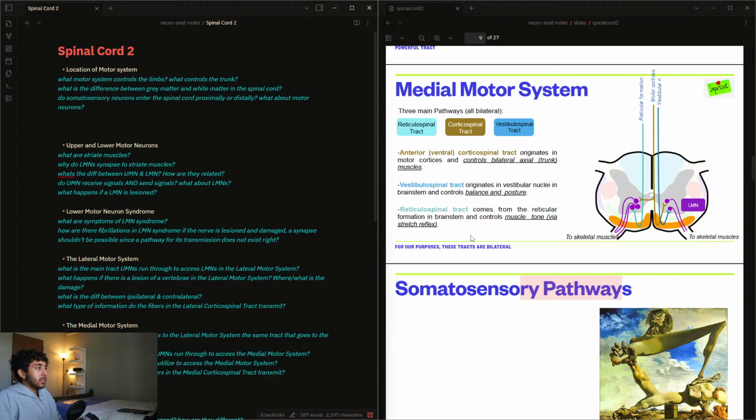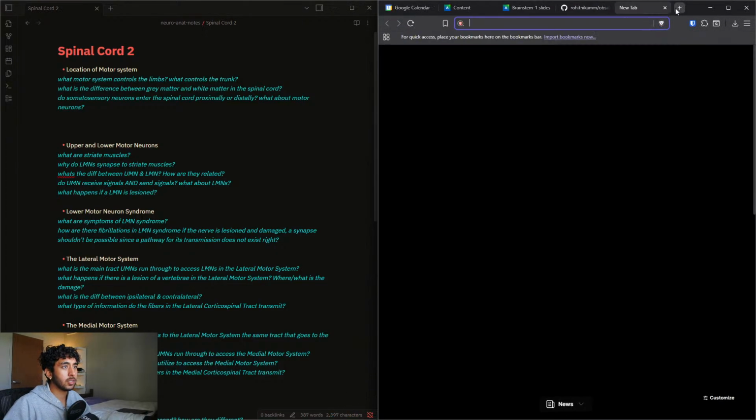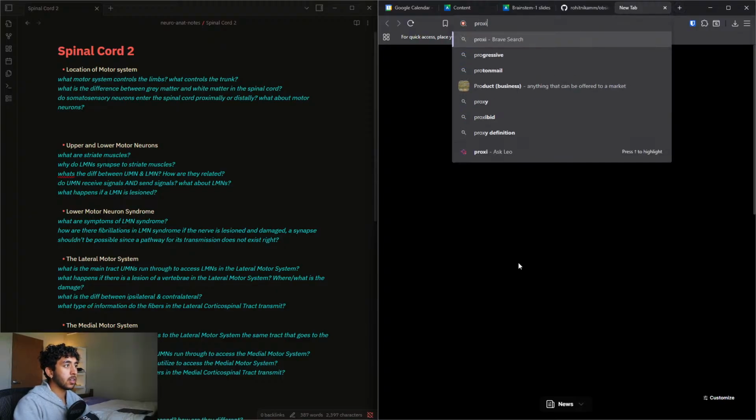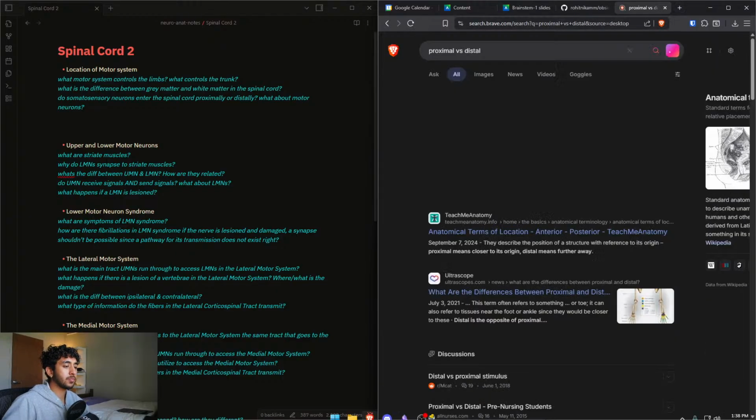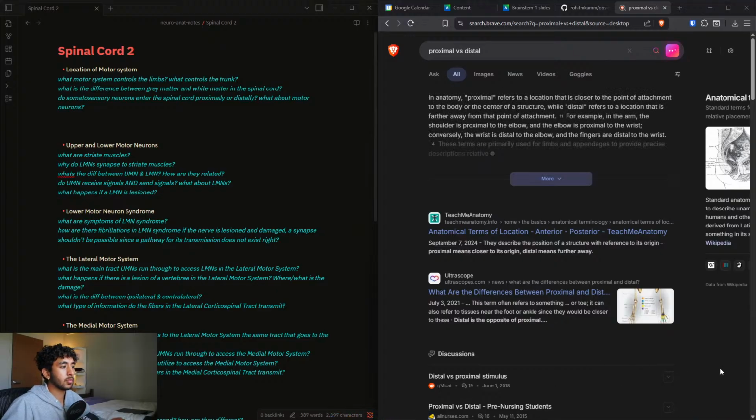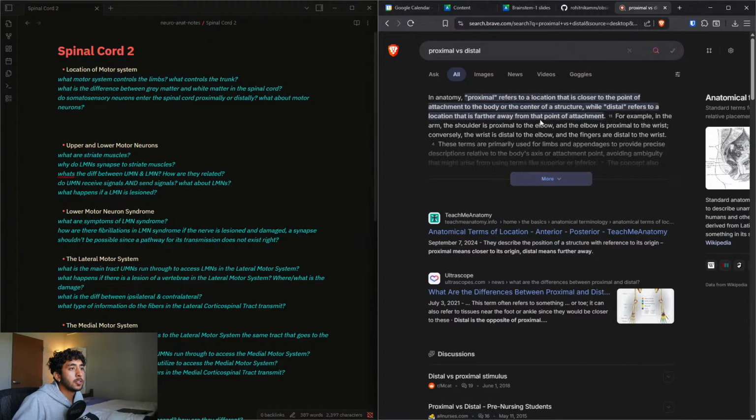Okay, well, the somatosensory neurons enter the spinal cord proximally or distally. I feel like that terminology is wrong. Distally is further away, proximally is closer. So they're both distal because they're both on the edges, further away from the point of attachment. So yeah, this is wrong.